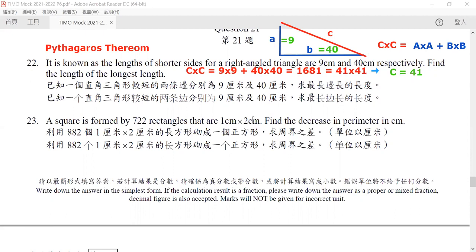Okay, so for question 23, a square is formed by 722 rectangles that are 1 cm by 2 cm. Find the decrease in perimeter in centimeters.